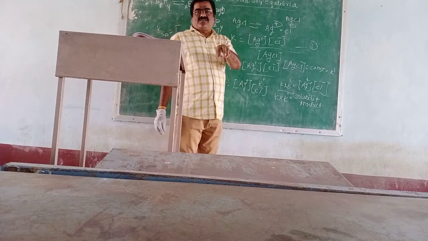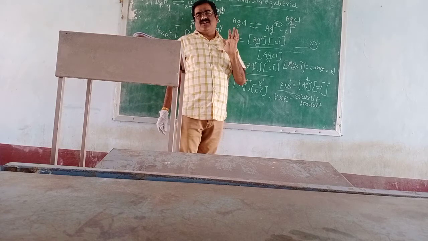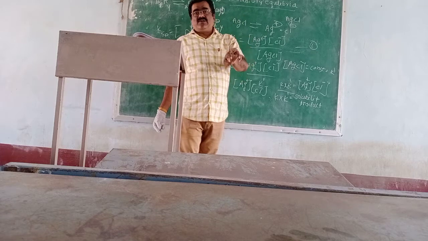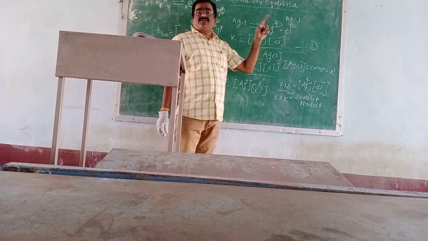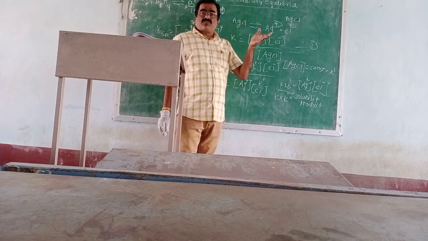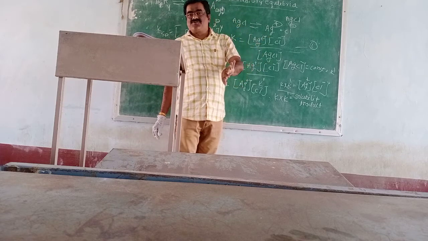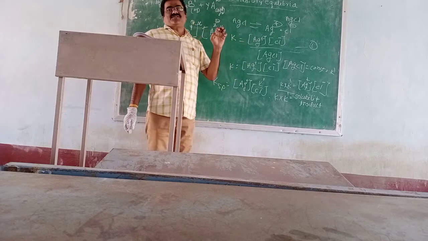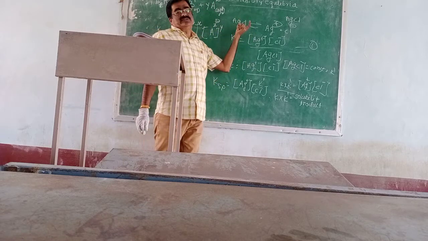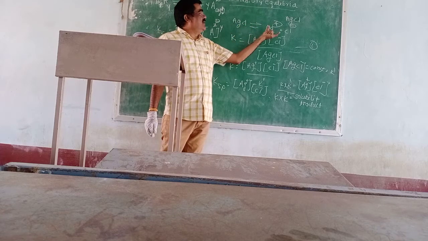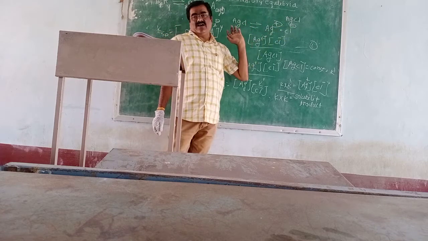When we take the example of AgCl, when it dissolves into the water, only a small part of the AgCl dissolves and forms the saturated solution. But most of the AgCl is undissolved, and that undissolved AgCl is in contact with the saturated solution, and this AgCl dissociates into Ag plus and Cl minus ions.